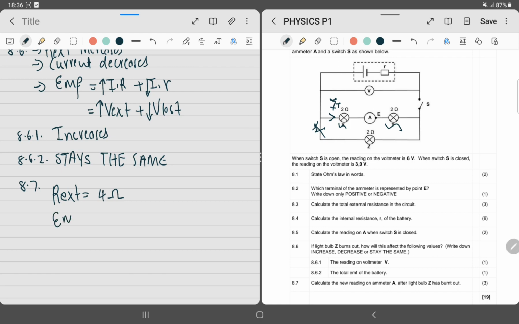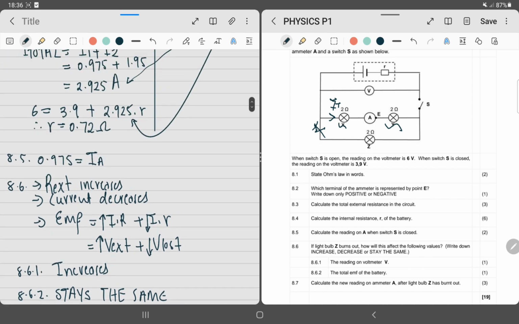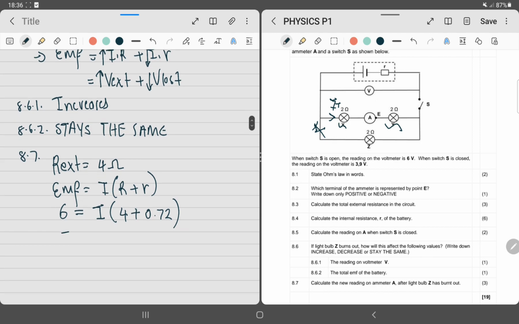We will use the fact that the value of the EMF doesn't change. The current is what we are looking for. R external is 4, and the value of the internal resistance doesn't change as well. So the current should be equal to, I am getting 1.27 amperes.